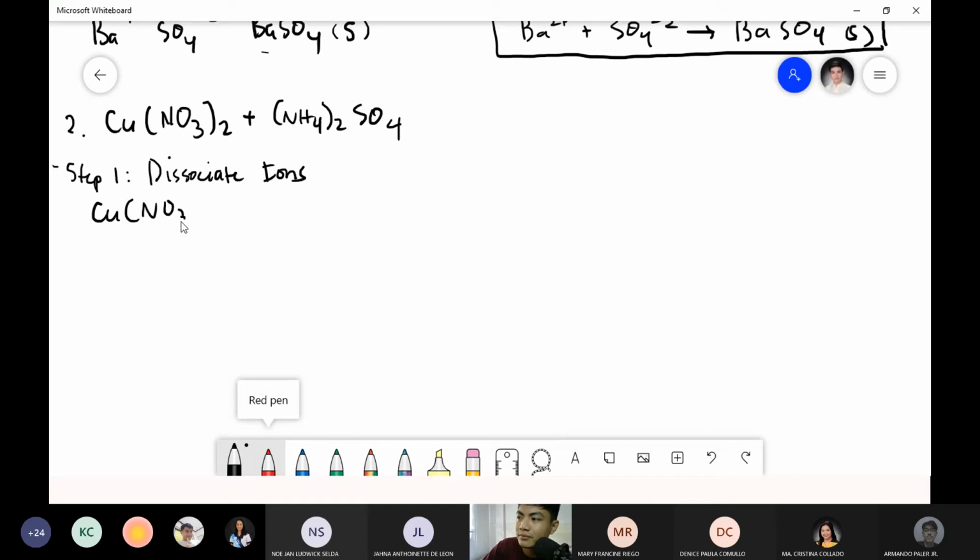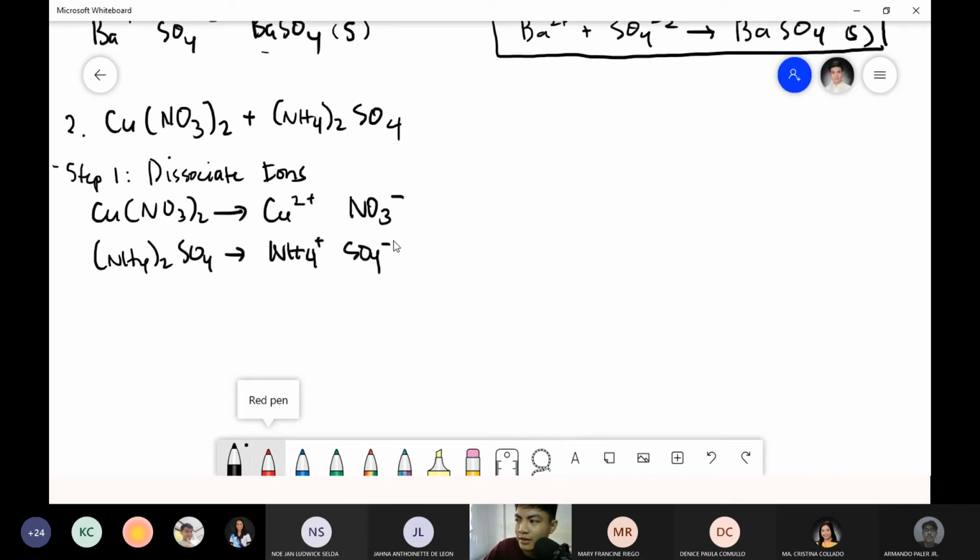So, those are our reactants. Split them into ions. Crisscross, you get Cu2 plus, NO3 minus. Crisscross, you get NH4 plus and SO4 negative 2. Those are your ions.